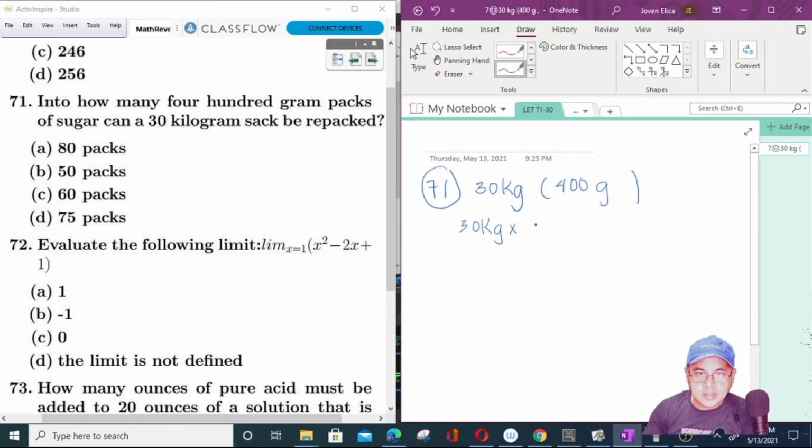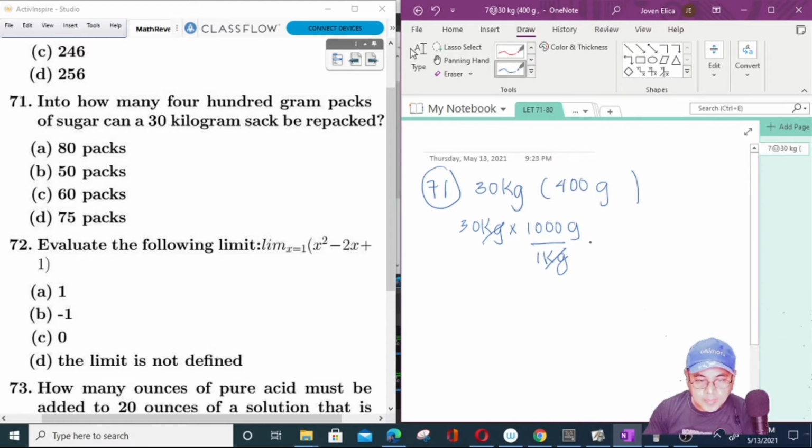For every 1,000 grams there is 1 kilogram, so the kilograms cancel out because we need grams.